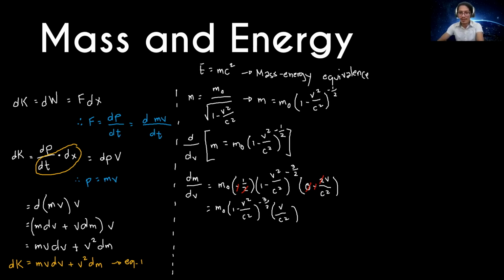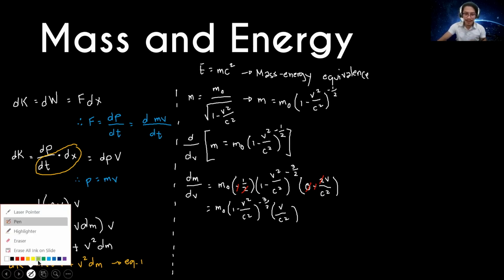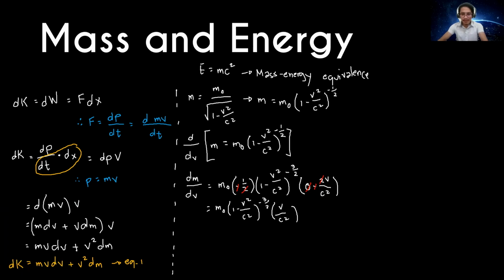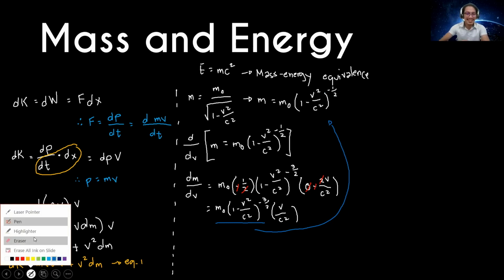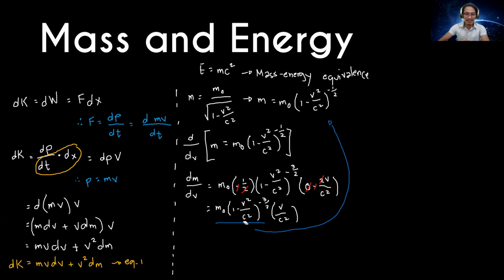If you notice, parang familiar ito na equation. This is almost the same as this equation. I-underline natin, blue. This equation, parang pareho siya sa equation na to. Ang kaibahan lang nila is this is negative 3 halves and this is negative 1 half. So we can expand, rather. I-expand natin yung equation na yan para mas magagamit natin later.